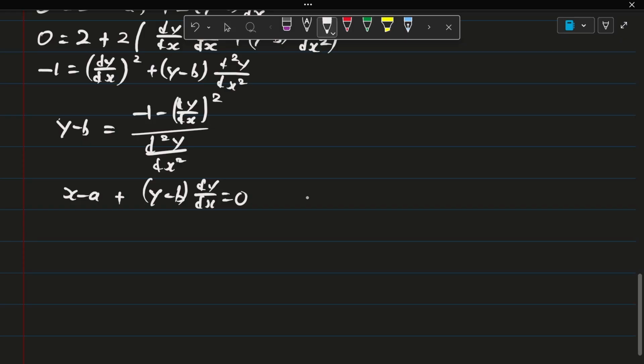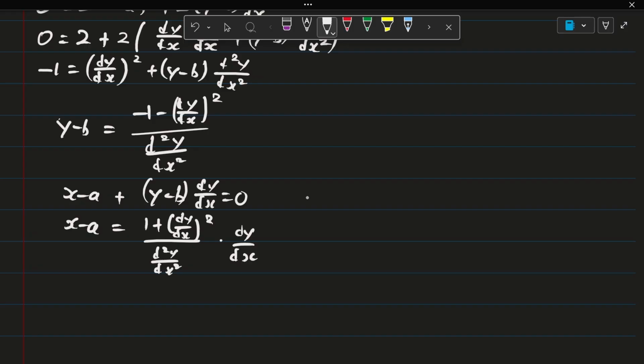So your x minus a is going to be 1 plus (dy over dx) squared, over d squared y over dx squared, multiplied by dy over dx. So with these two equations, we don't need to know what the a and the b are.